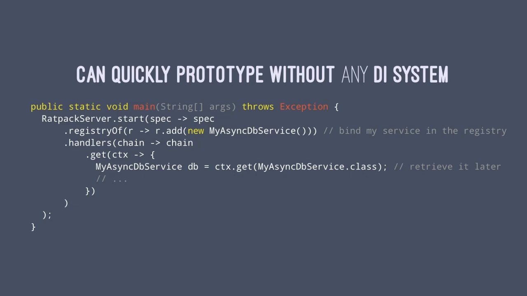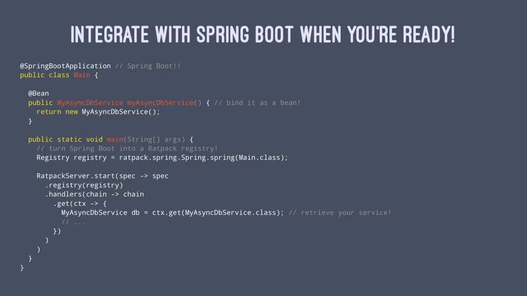So all that we're doing is putting an object into the registry, and then later on inside of our request handler, we're able to pull it back out of that registry by using the get method on the context object. So you can do all that until you're ready. And then when you're ready, you can throw Spring Boot in there and have it just work, right? You don't need to change any of the code that you use to pull that binding out in your handler.